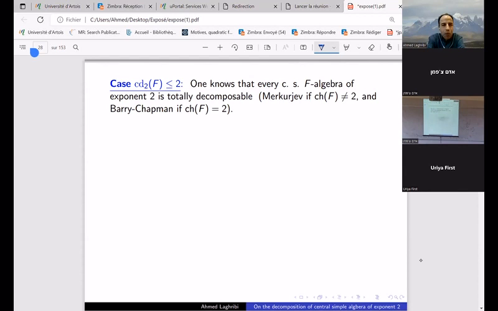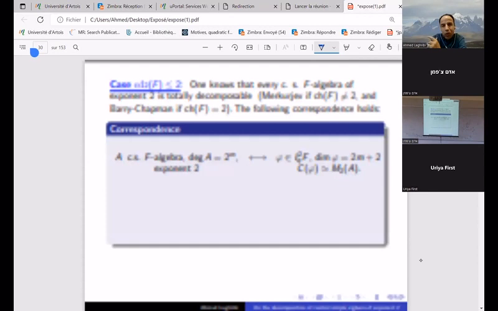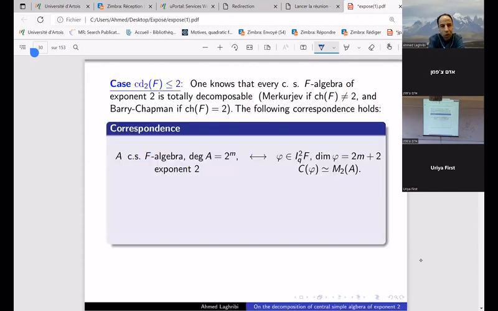Moreover, we have a nice correspondence, which is also due to Merkurjev. If you take a central simple F-algebra A of degree 2^n and exponent 2, then you can find some φ in I^2_q(F) of dimension 2n+2, such that the Clifford algebra of φ is Brauer equivalent to A. This is very important.